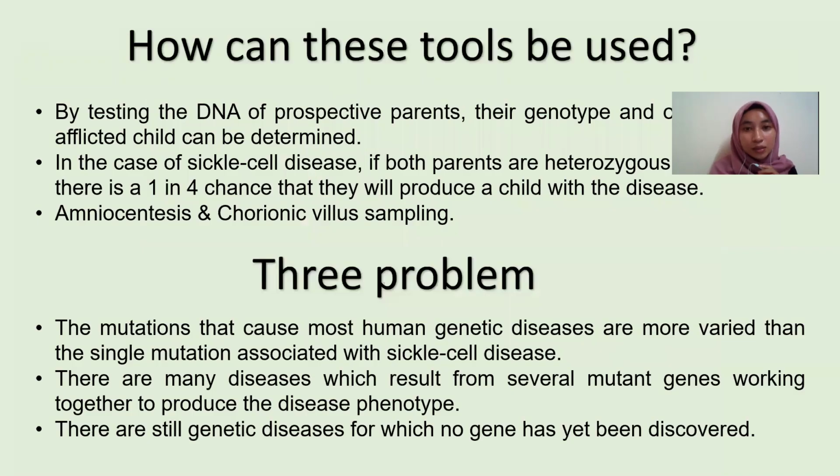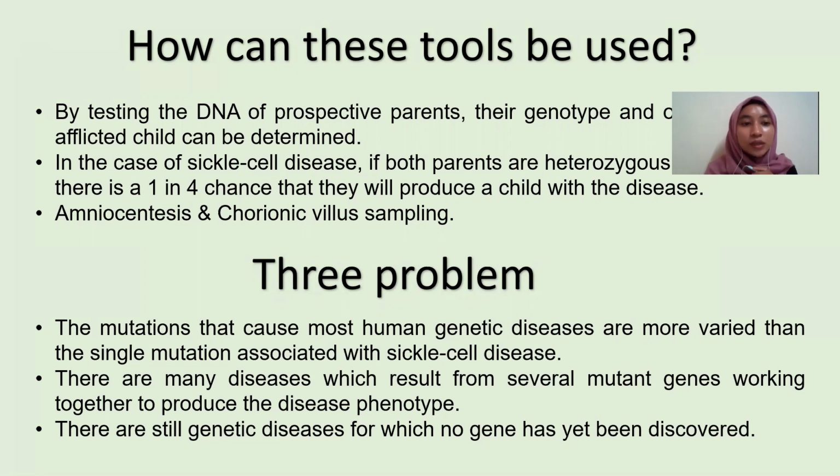So how can this tool be used? By testing the DNA of prospective parents, their genotype and the odds of having afflicted children can be determined. In the case of sickle cell disease, if both parents are heterozygous, there will be a 1 in 4 chance that they will produce a child with the disease.